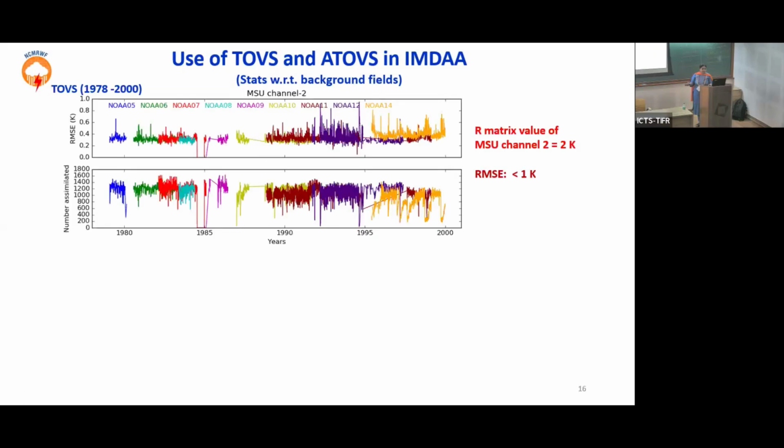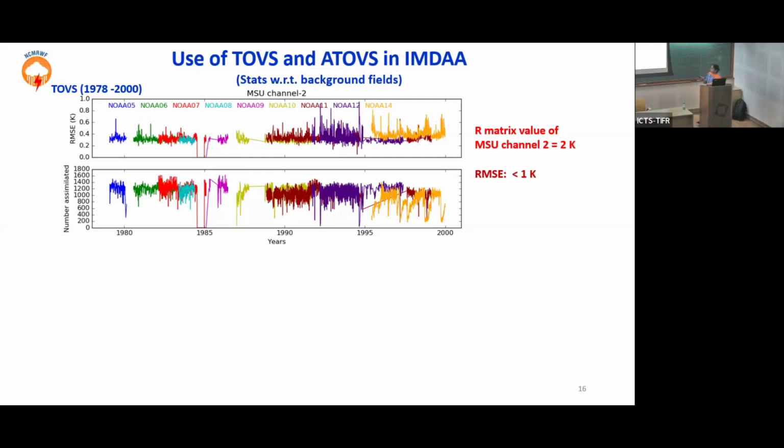We already discussed that we are using many instruments like TOVS, so let us see how the bias comes in. In TOVS, the period is 1978 to 2000, but we used it from 1979.